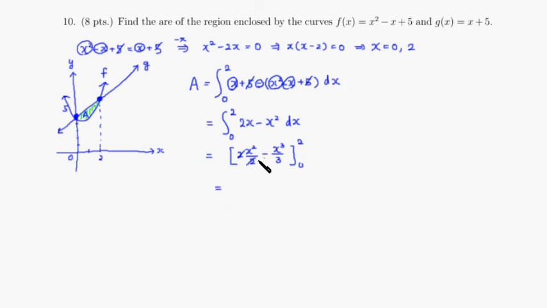So 2 squared is 4 minus 2 cubed over 3, which is 8 over 3, minus, plug in 0: 0 squared is 0, and 0 cubed over 3 is still 0, so that doesn't really matter. And this is going to be 4, which is 12 over 3, minus 8 over 3, so it's going to be 4 over 3. So that's the area of the enclosed region by the graph of these two functions. That's it. I hope that this was clear.